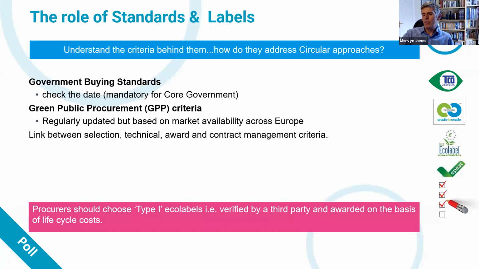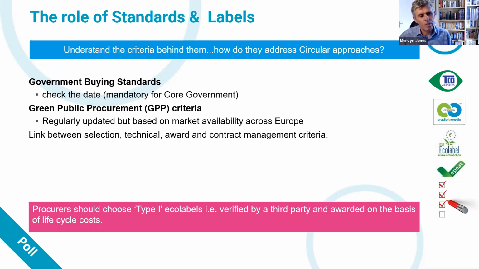So some quite interesting results there in terms of both GPP criteria and also eco labels. I don't have shares in green public procurement. However, what I would advocate is that where you're using government buying standards, please look at the green public procurement criteria as well, and do a quick compare and contrast to look at whether there are opportunities to set higher standards.